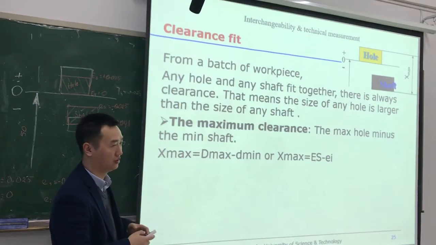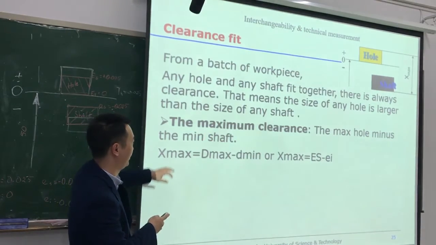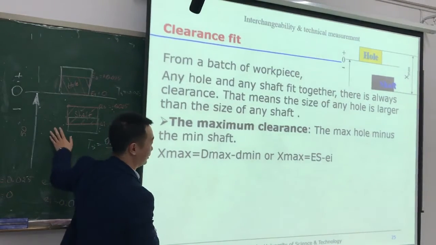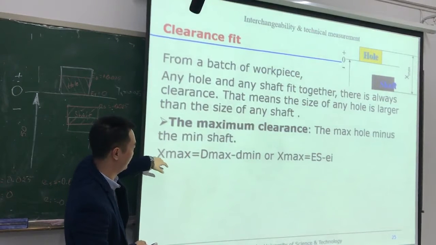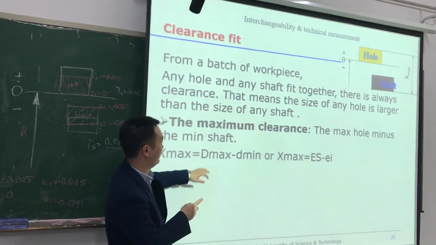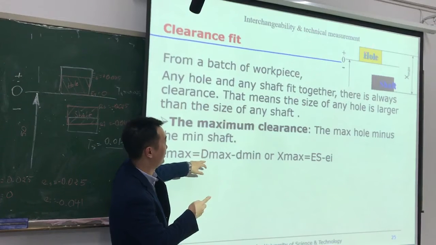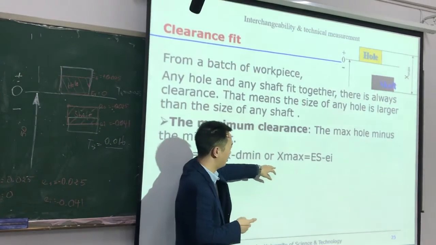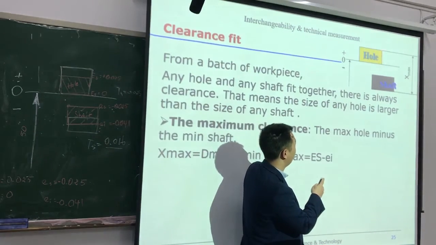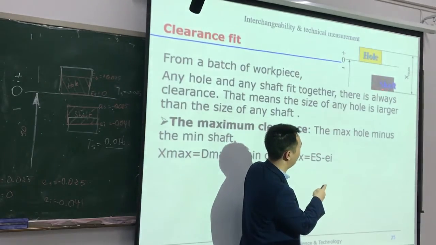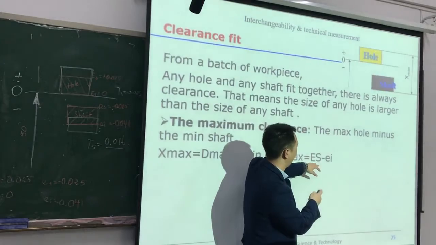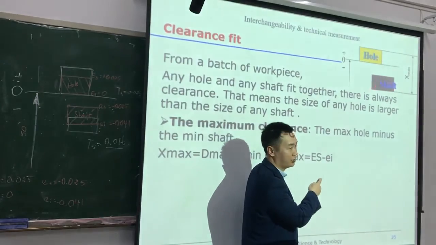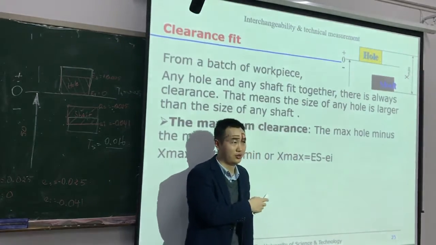In fact, it can be calculated using the symbols we just learned. It equals the maximum size of the hole minus the minimum size of the shaft, right? It also equals the upper deviation of the hole minus the lower deviation of the shaft. You can get the maximum clearance.